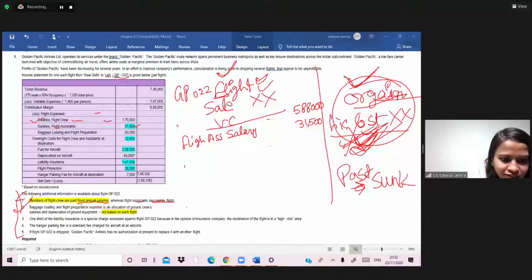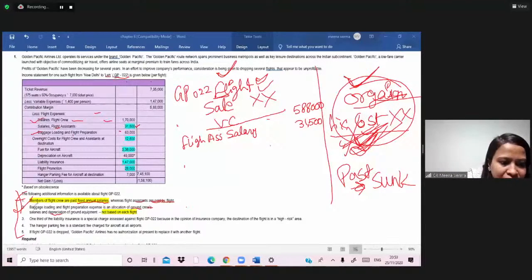Now next point, second point. Baggage loading and flight preparation expenses is an allocation of ground crew salaries and depreciation on ground equipment. Now they are saying this cost is the entire organization's salary, not related to a particular flight.